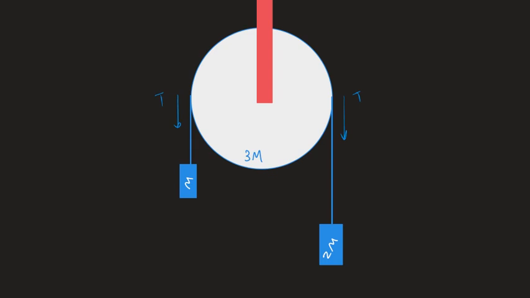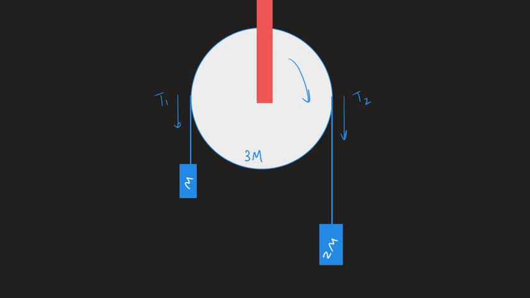Our pulleys have inertia now, which means the tensions have to be different if the pulley has inertia. You have to label this, say T2, and this one's T1. They are not the same. The reason is because there has to be a difference in tension or this won't turn.